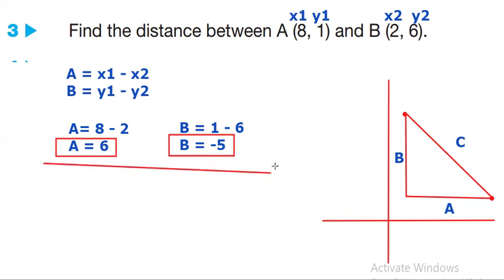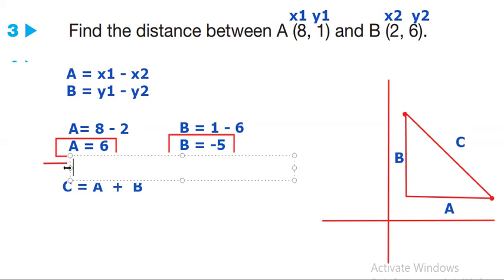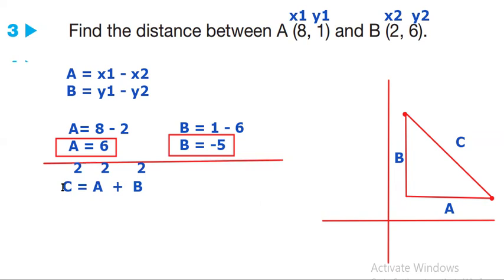Pythagoras theorem says that C squared equals A squared plus B squared. Let me put the powers: power of 2, power of 2, power of 2. Now I'm going to use the A that I found from the first step, and B, which is the second step. A is found by subtracting the x's. B is found by subtracting the y's.